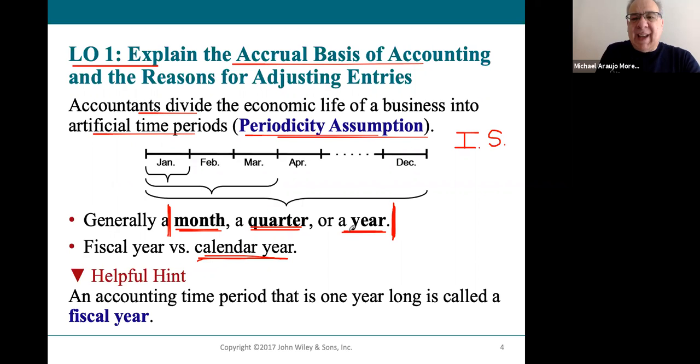But because the calendar year is very specific, January the 1st to December 31st, not all businesses want to report out to their owners what the profit and loss is for that period of time. For example, it doesn't make any sense to force a retail company who is still in the midst of Christmas shopping season on December 31st.